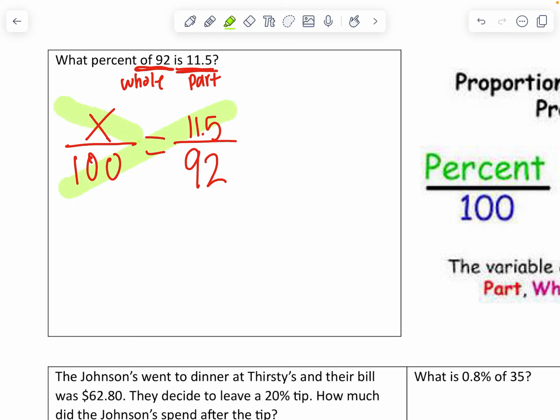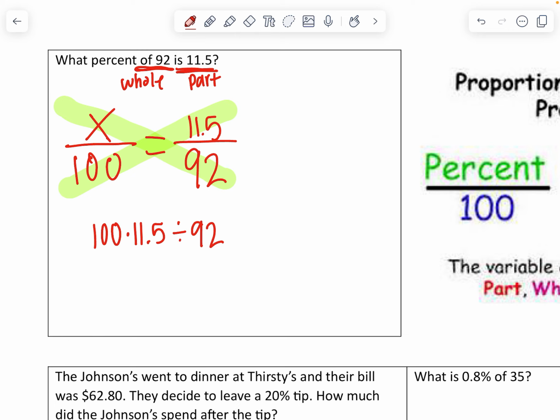So we're going to do the same thing, except now instead of dividing by 100, we're multiplying by 100, because now 100 and 11.5 are diagonal from each other. So we do 100 times 11.5, and then we divide it by 92, because 92 is the number that's by itself, or with the variable now.